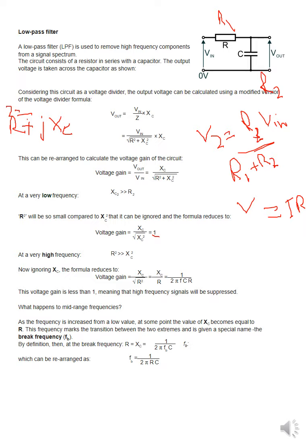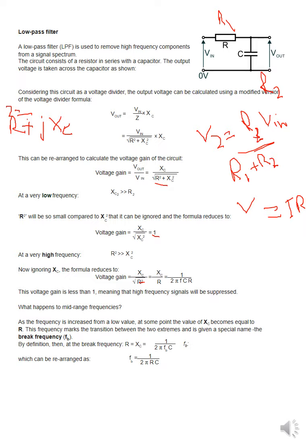At very high frequencies, we can say R square is greater than Xc square. So this part will be reduced to R square only, and the root of R square will be R. So then it will be equal to 1 upon 2 pi FCR. The voltage gain is less than 1, meaning that high frequency signals will be suppressed.